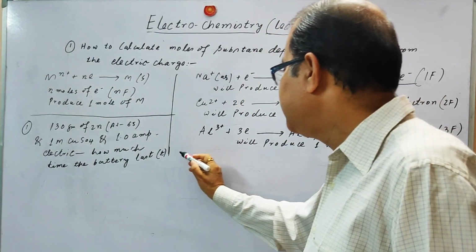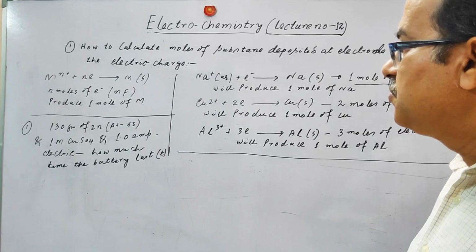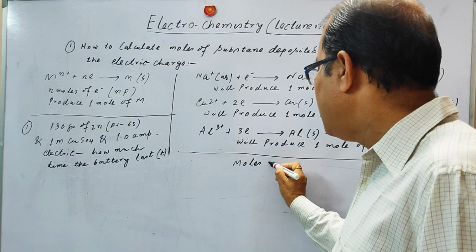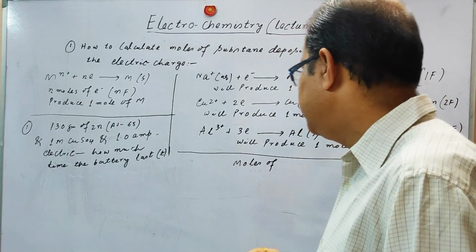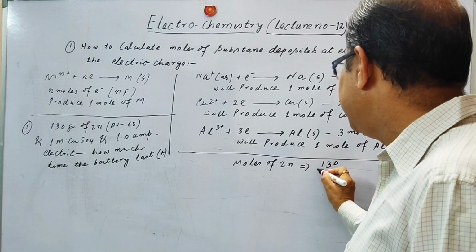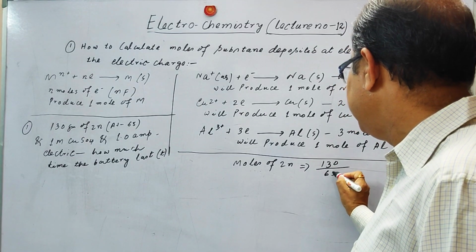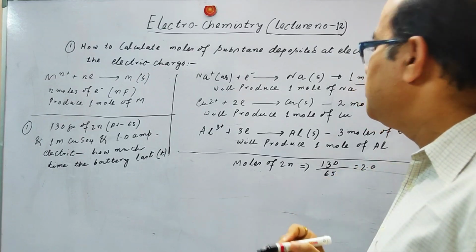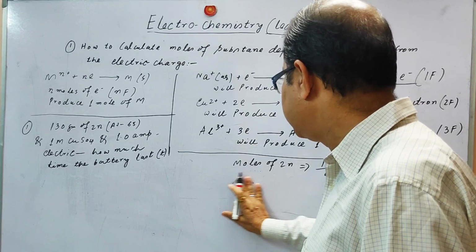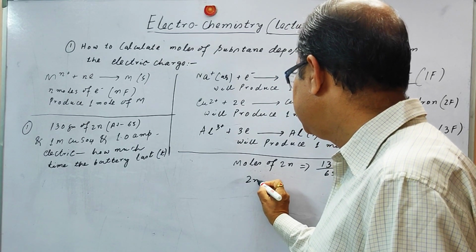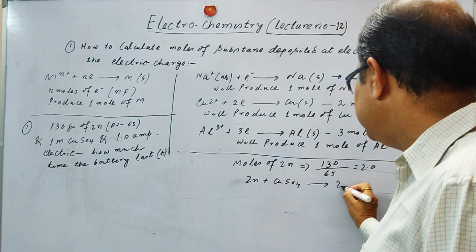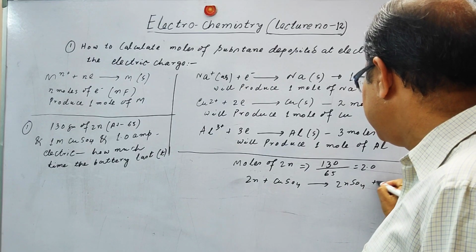Now, how do you solve this? Let us understand. First we have to calculate the moles of zinc. Moles of zinc is 130 divided by 65, which is 2 moles. The reaction in the Daniell cell is zinc plus copper sulfate giving zinc sulfate and copper.